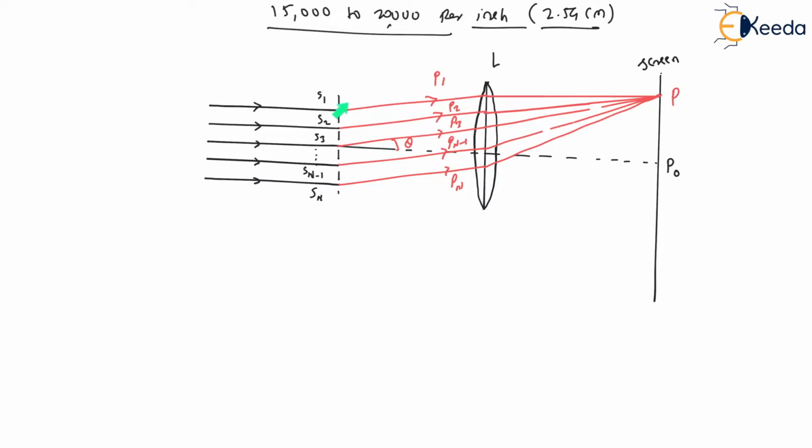So instead of showing all the light rays, we have replaced all those secondary wavelets by a single wave coming from the midpoint of that slit. Always remember that. So this ray P1 is the diffracted light due to this single slit. In the same way, all these rays represent the diffracted light, and here they interfere to produce the disturbance at point P.